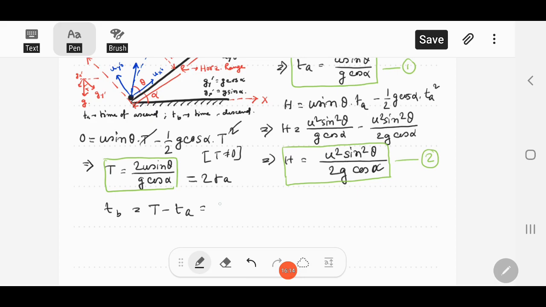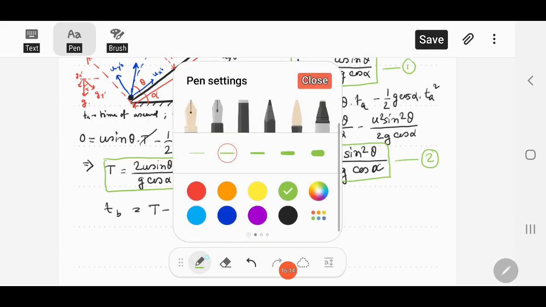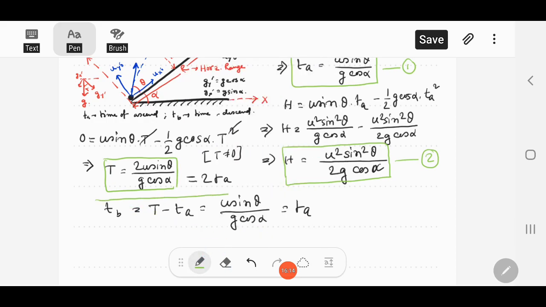So it will again give you u sin theta by g cos alpha, which is nothing but equal to the time of ascent. Okay, so name it as equation 3.